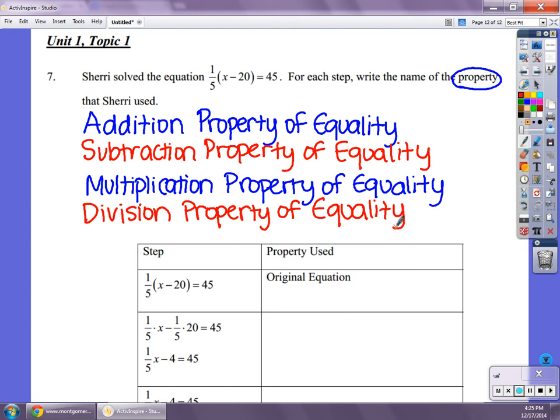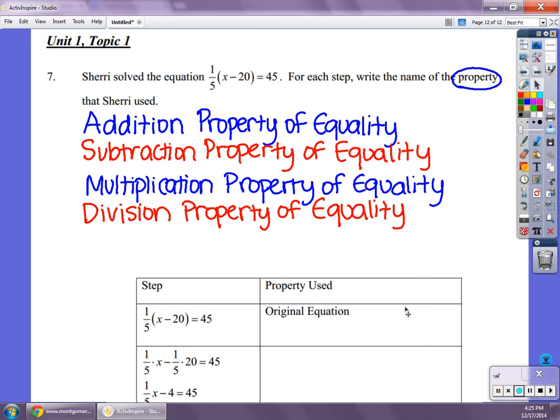And finally, well, there are other properties. The last one we're really going to look at today is the distributive property.